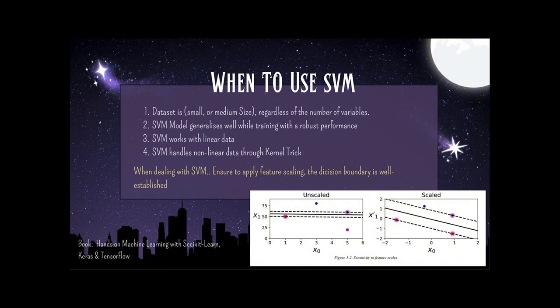As you can see in the graph on the right, we have the 2 line plots, the first one with unscaled data points, and the second one with scaled data points. Also, you can see that on x1, the y-axis, the left line plot goes from 0 to 75, but on the right side, it goes between -2 and +2.